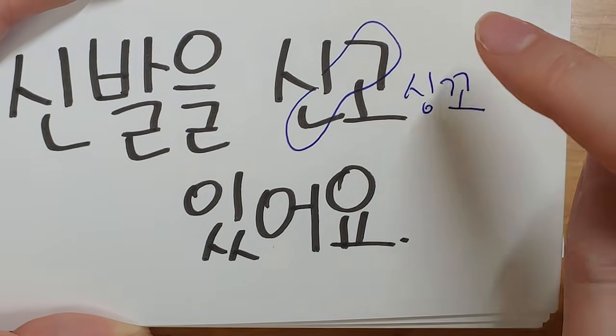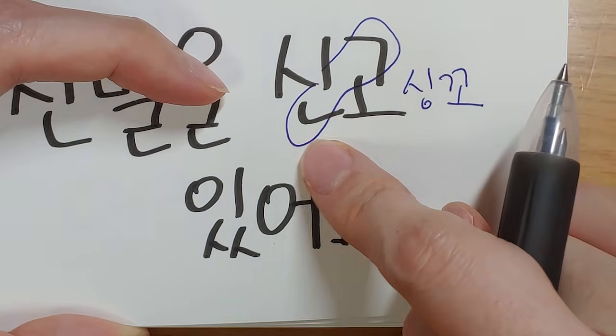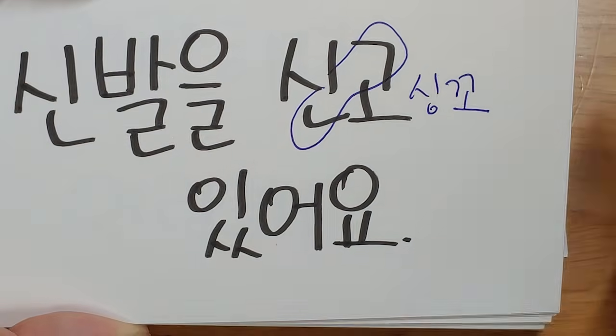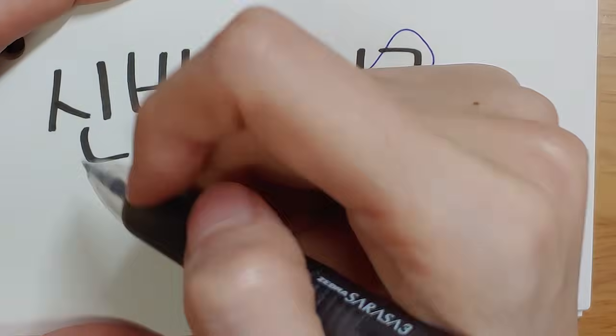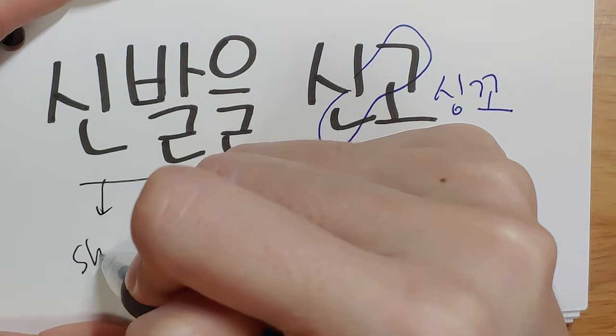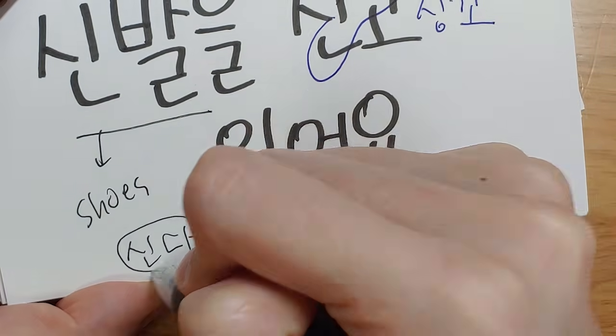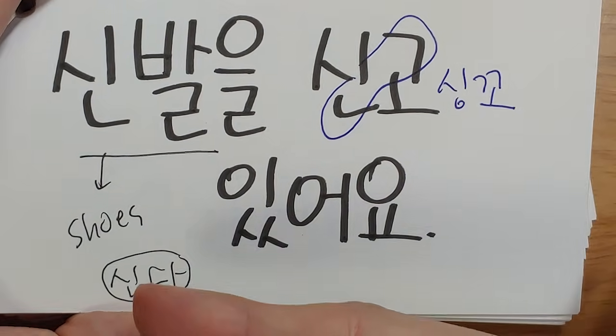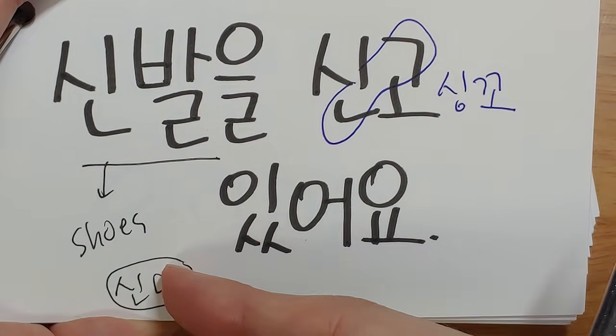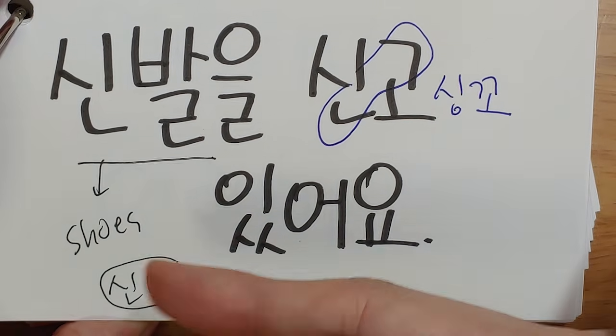This 그 has to be more emphasized when it meets the 은 sound. 신발 means shoes. And 신다 is a verb that means to wear, but it's only used when you're wearing something on your foot, like shoes or socks.